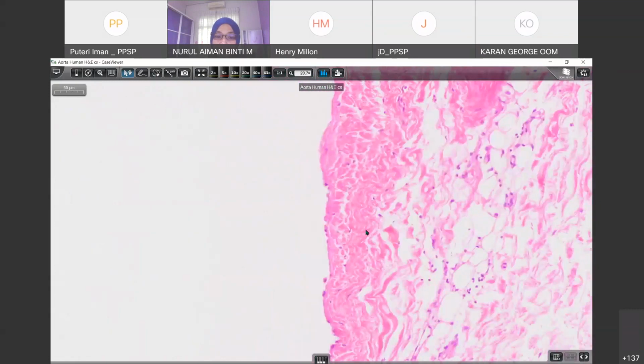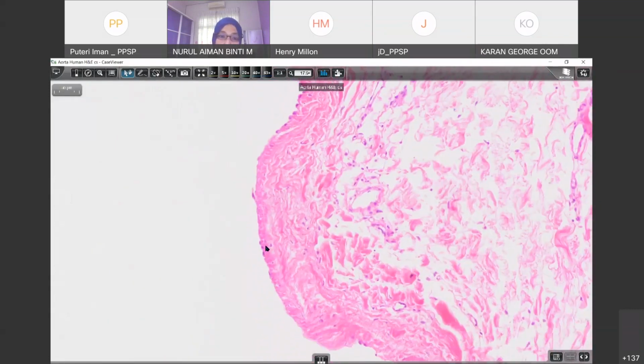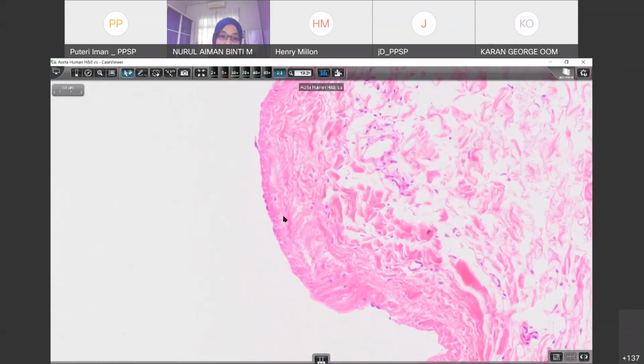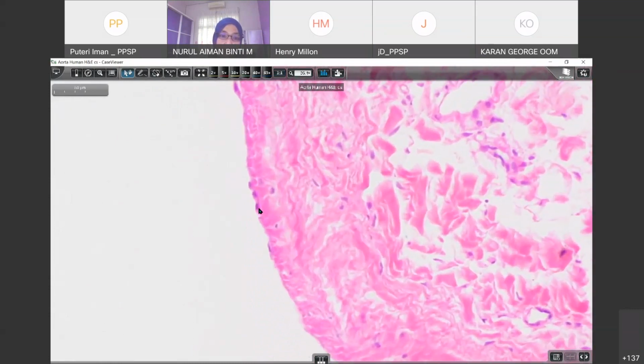Here there is more. You can see here, this one is very clear. You can still see a little bit of cytoplasm at the periphery. But how you identify it is by looking at the nucleus. The nucleus is basophilic stain, while this is eosinophilic stain.